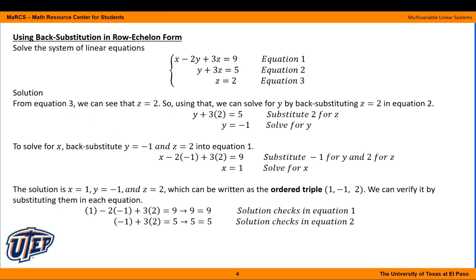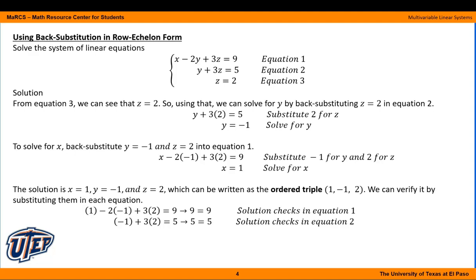Consider the row echelon system shown. Notice that the third equation immediately tells us that z equals 2. Once we know z, we can substitute it into the second equation. Substituting z equals 2 into equation 2 gives us y plus 3 times 2 is equal to 5, which simplifies to y is equal to negative 1. Now we know both y and z. Next, substitute these values into equation 1.